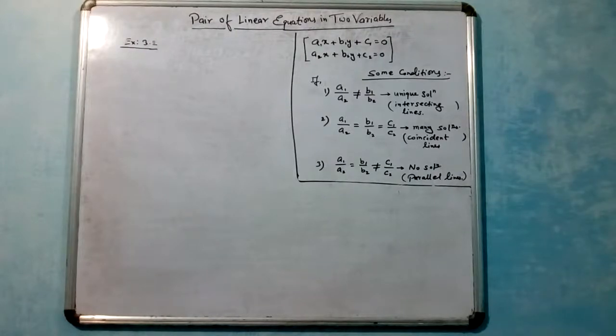So we have seen that in the unique solution case, we get intersecting lines on the graph, isn't it? Wherever the two lines intersect, the coordinates of that point x comma y represent the solution for that pair of linear equations.